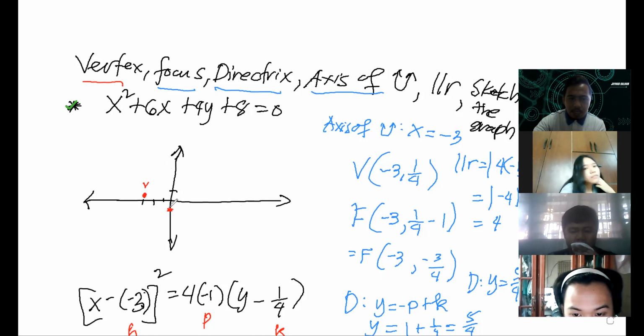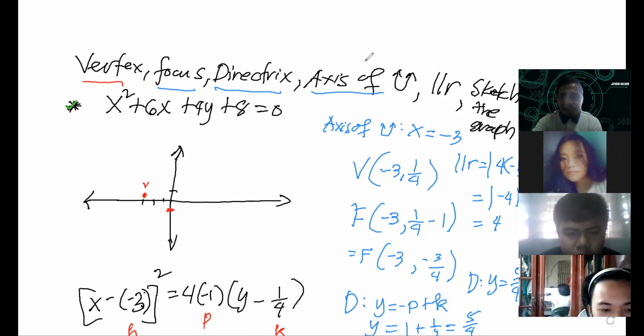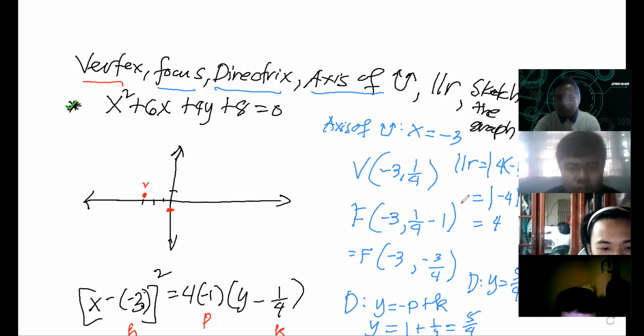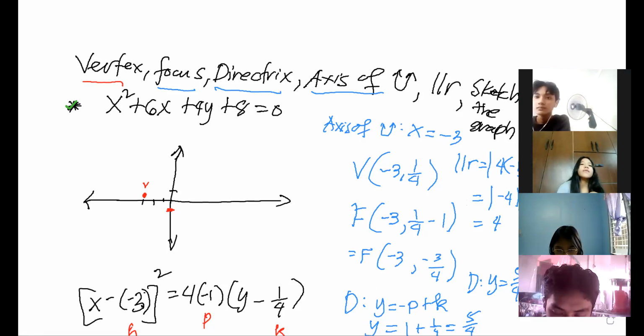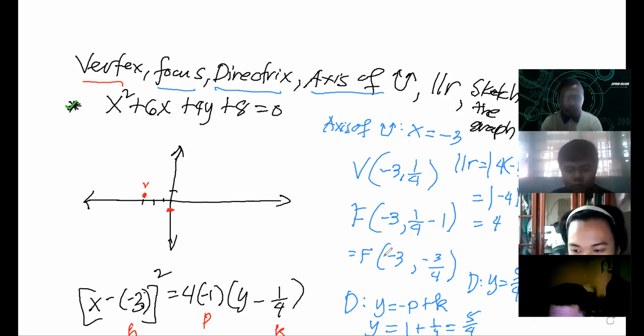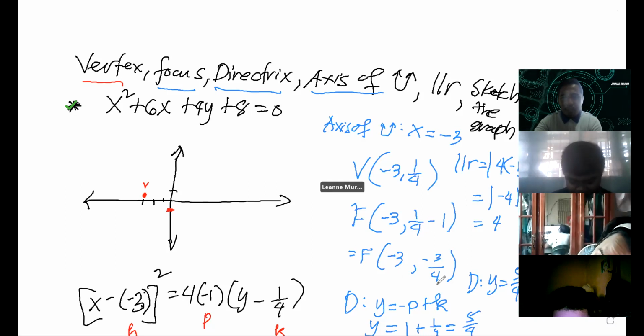Okay, who can locate this on the Cartesian coordinate plane? Try to annotate so that you can participate. Okay. Who wants to try? Okay, I will look for someone. I will call someone to plot the focus. Morsha, Lian. Okay, the focus is negative 3, negative 3/4.